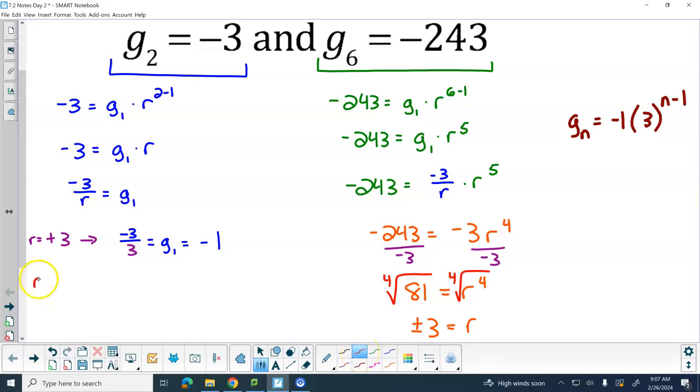Then I have to use negative 3. Negative 3 divided by negative 3 is positive 1.